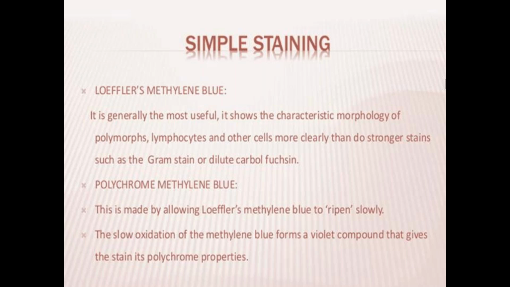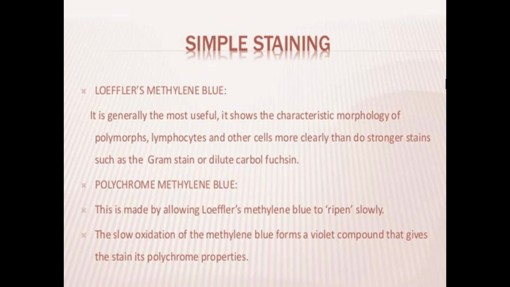Polychrome methylene blue is the modified form of Loeffler's methylene blue. How is it made? It is made by allowing Loeffler's methylene blue to ripen slowly. That causes variation, the changes occurring in methylene blue, which causes polychrome methylene blue.